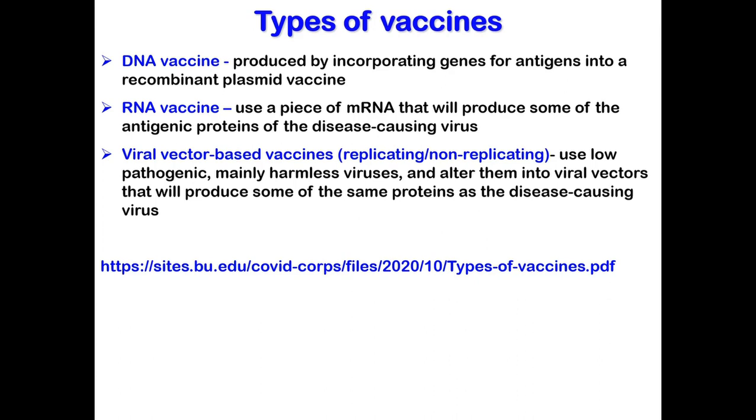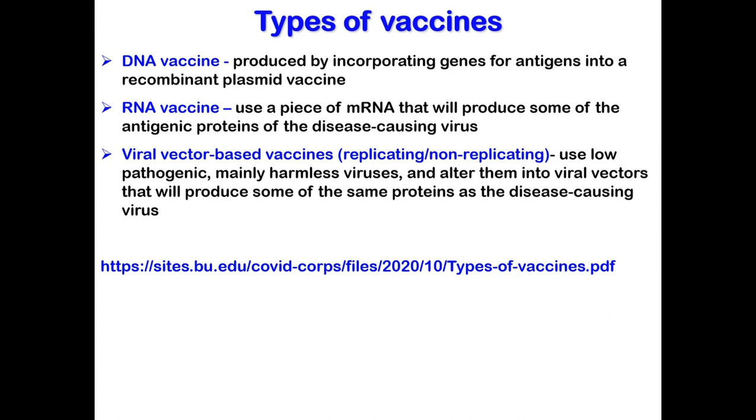And then you have the viral vector-based vaccines. And these use low pathogenic, so mainly harmless viruses, and alter them into what you call viral vectors that will produce some of the same proteins as the disease-causing virus. So to put it simply, these vector vaccines use a weaker virus to transport pieces of the pathogen in order to stimulate an immune response.